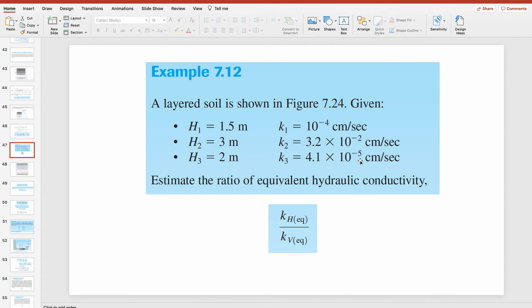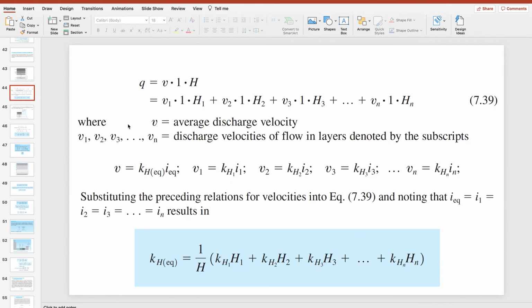So this time, we are to determine the hydraulic conductivity. Estimate the ratio of the hydraulic conductivity. So the ratio is K sub H divided by K sub V. So we need to solve the K sub H and the K sub V. So for the K sub H, we simply copy this. Okay?